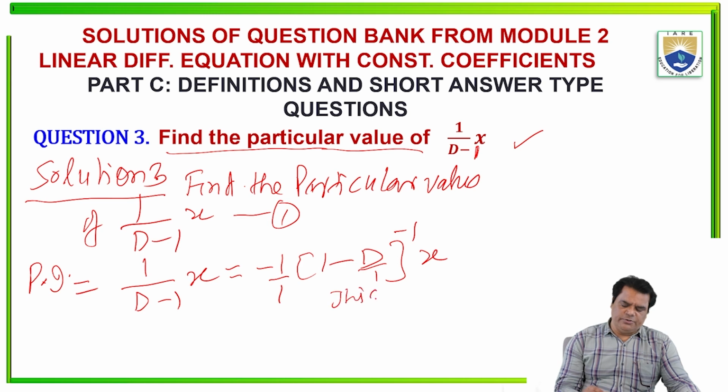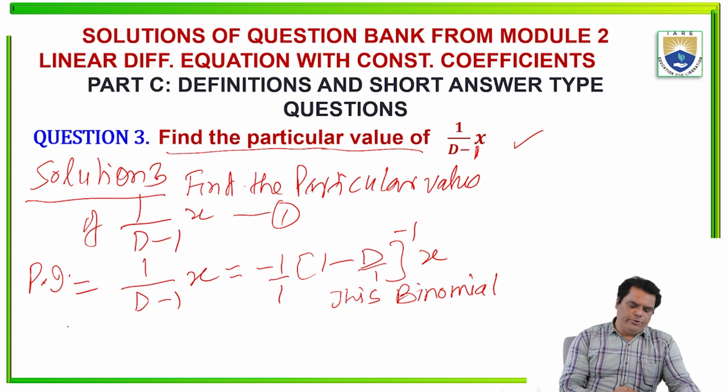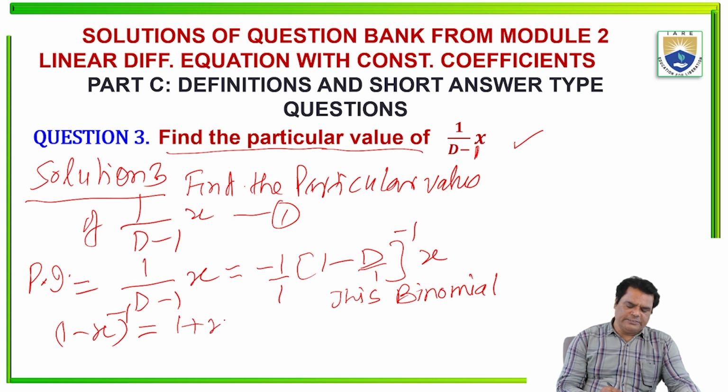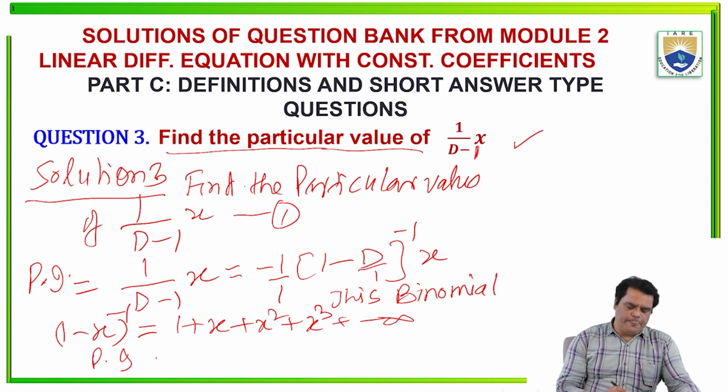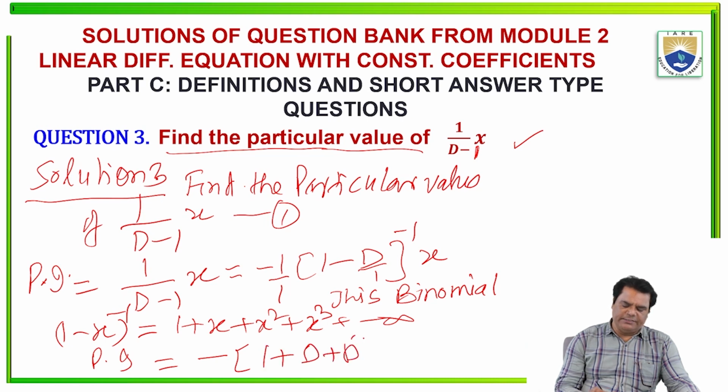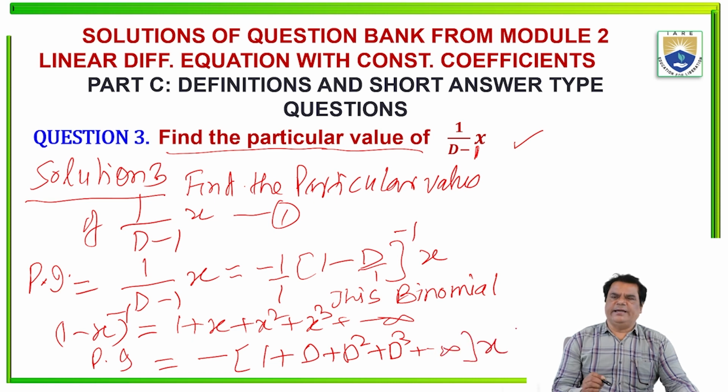Now the binomial 1 minus x to the power minus 1 equals 1 plus x square plus x cube, an infinite series. Okay. So here PI is equal to minus common, 1 plus D square plus D cube and so on up to infinity, into x.